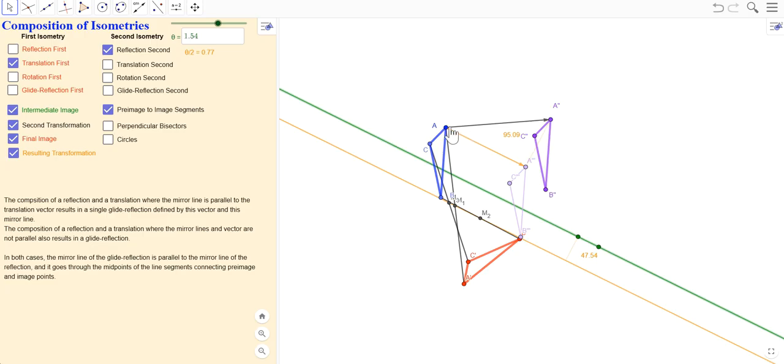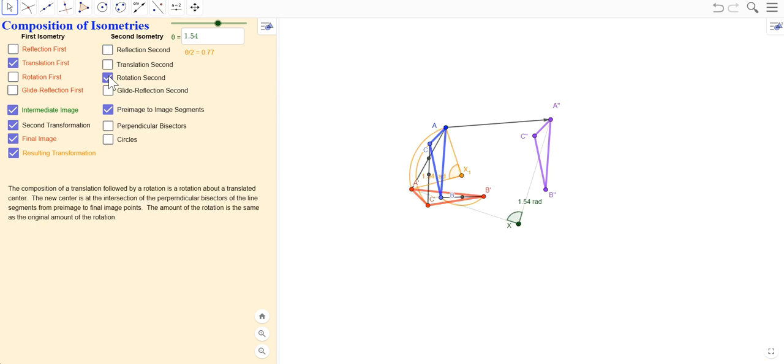So if you do the components here, you're going this way and this way, and this distance here is half of the distance here. Okay, so translation first, then a reflection gives us a glide reflection. Okay, so what else do we have?